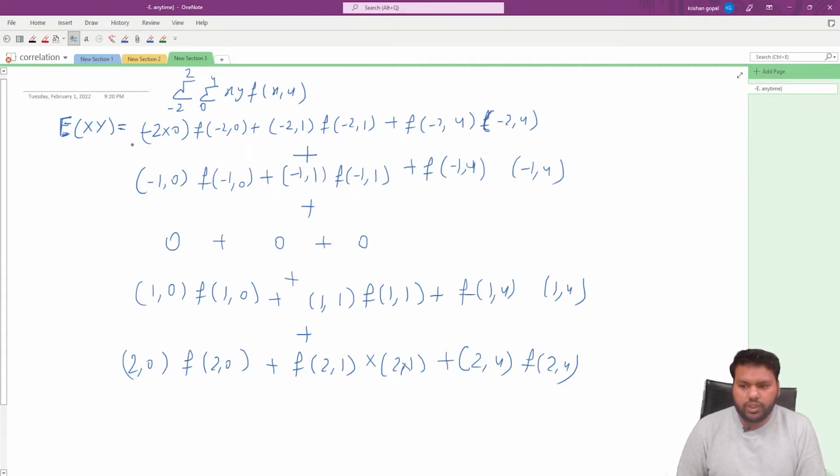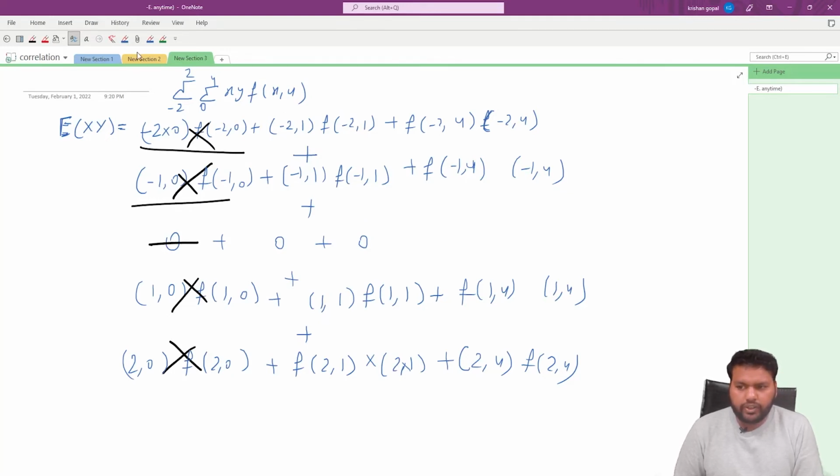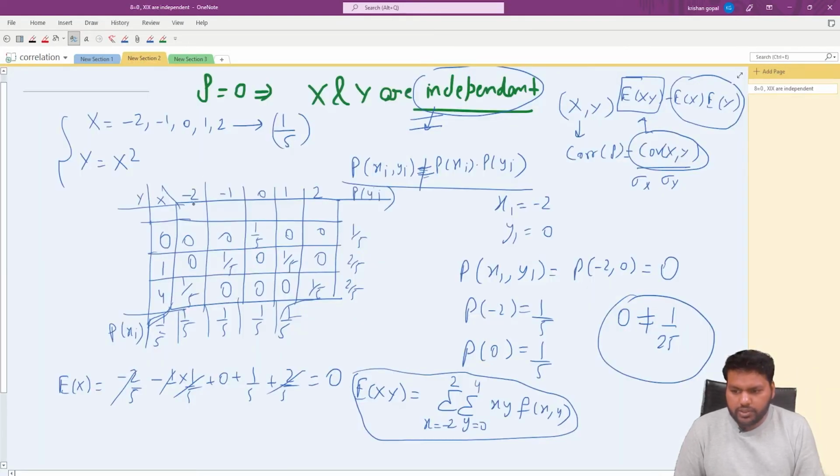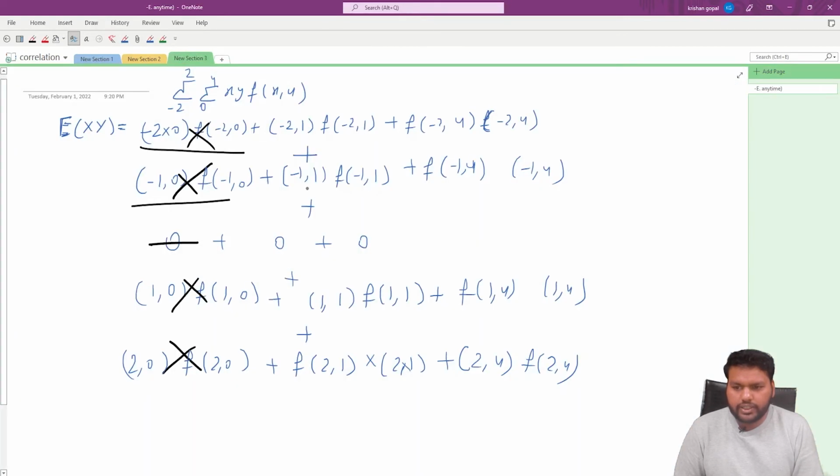As you know, this one becomes 0, this one becomes 0, so just cut it. And when the x variable is 0, this row is fully 0, so these values we cut here. Now we are more interested in the result we get from here. If you see (-2, 1), it is again 0, so we cut this one again.